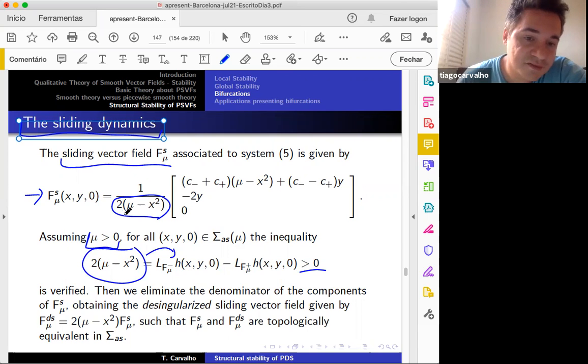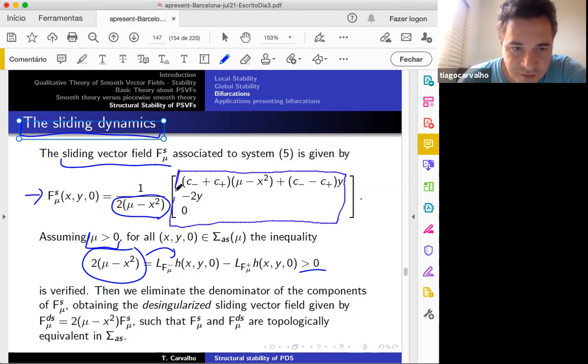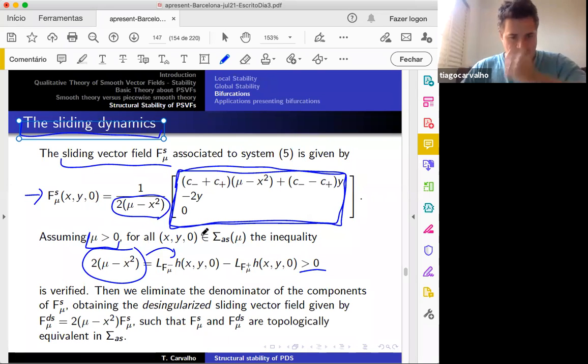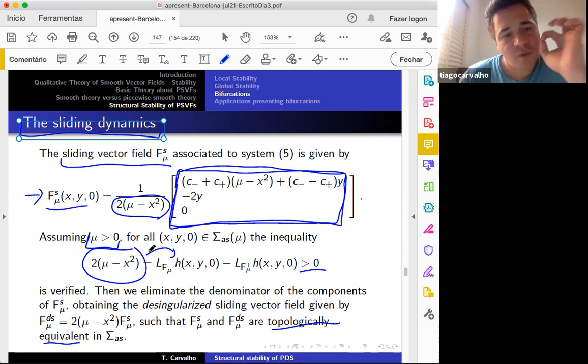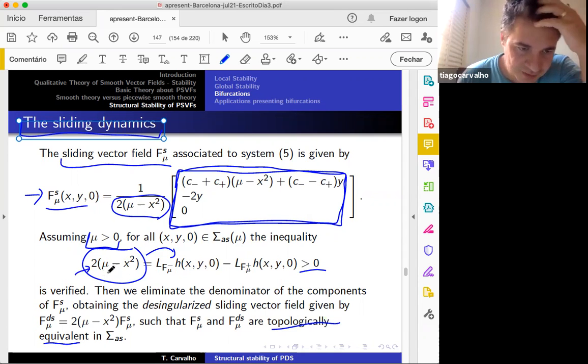Since this value is positive, in order to study this vector field, we will study just this part of the vector field, which is topologically equivalent to the sliding vector field when this expression is positive.